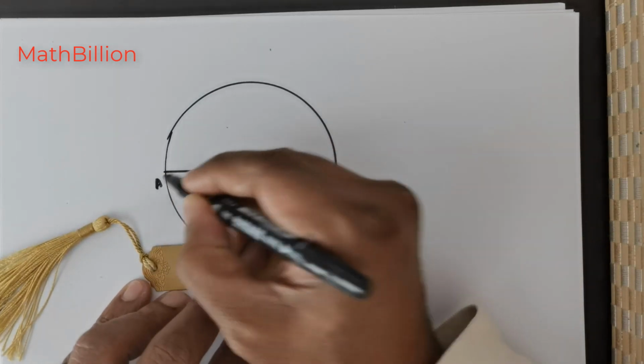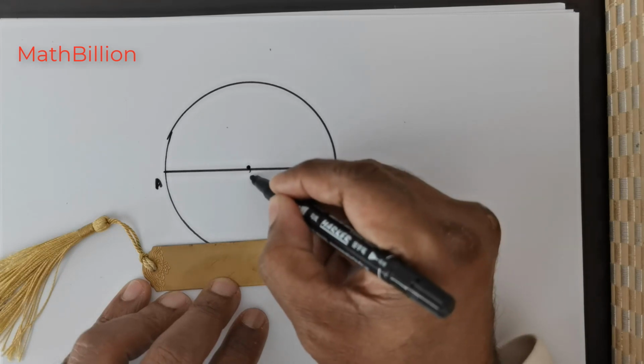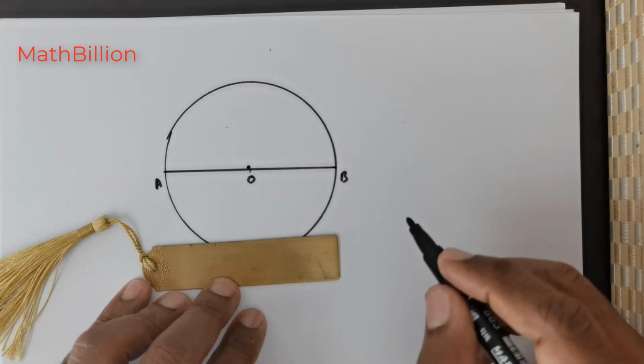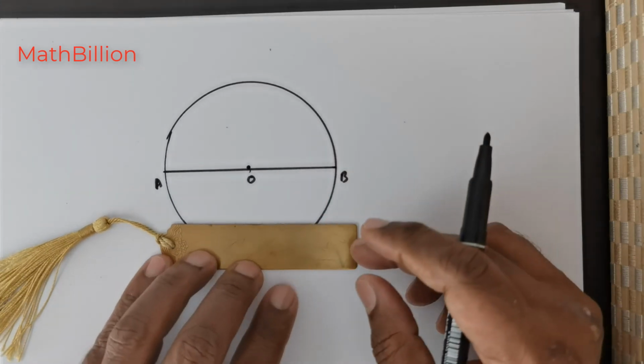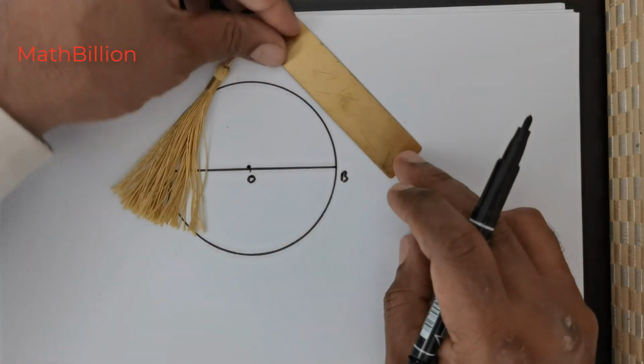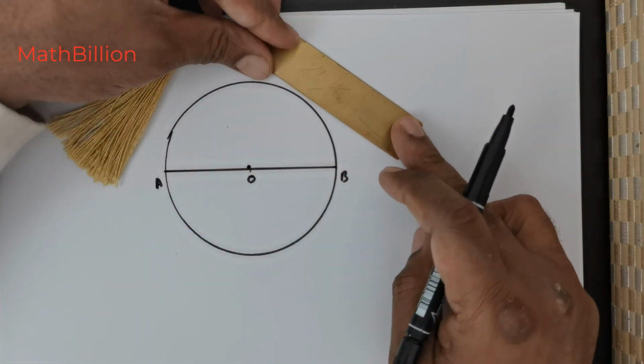So this point is A, B and O. Now this circle has a tangent.